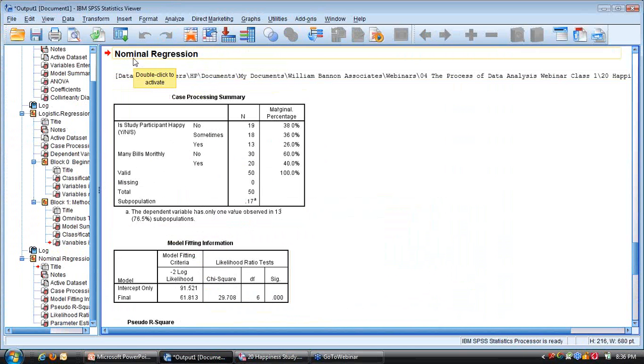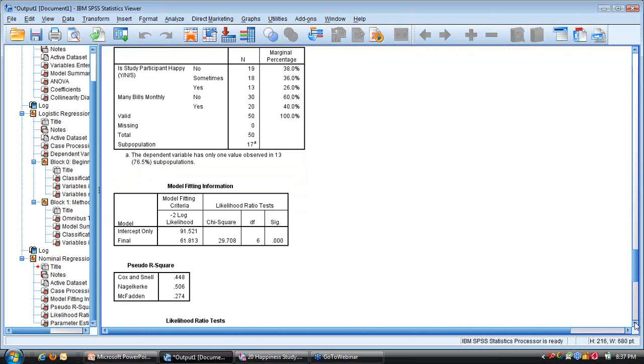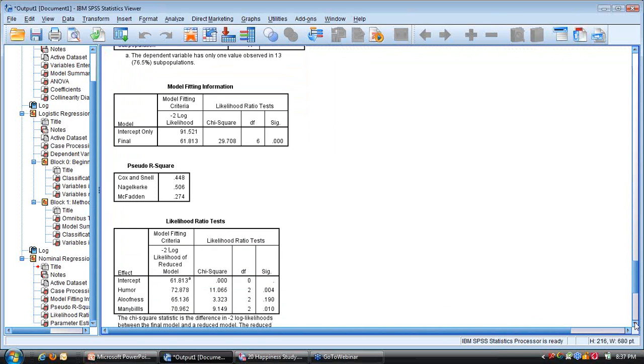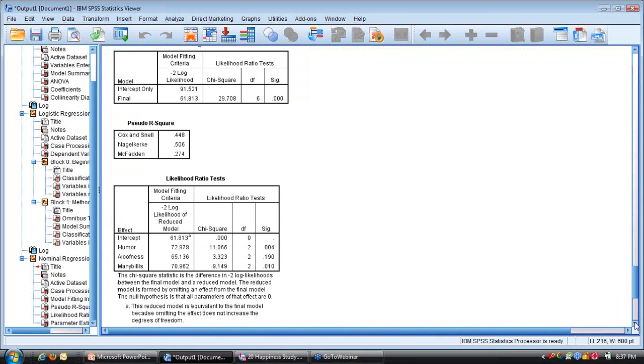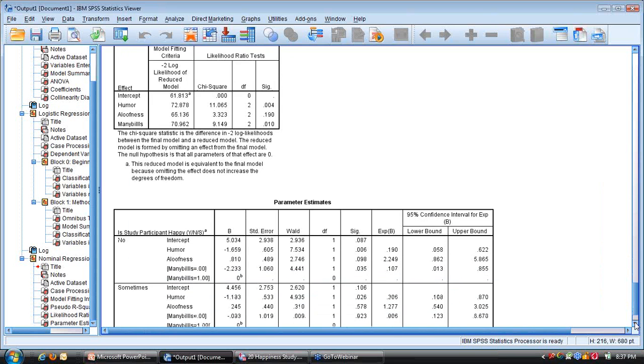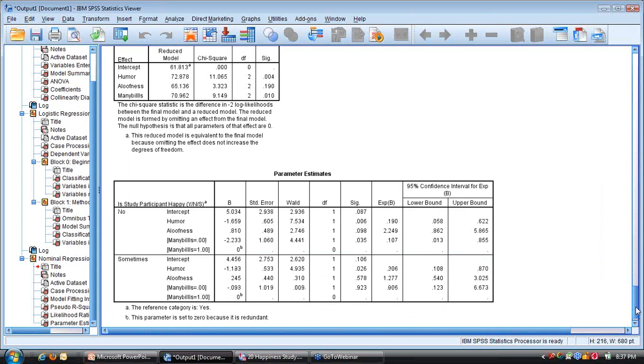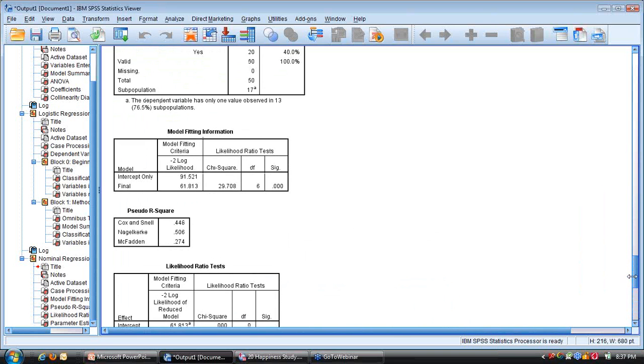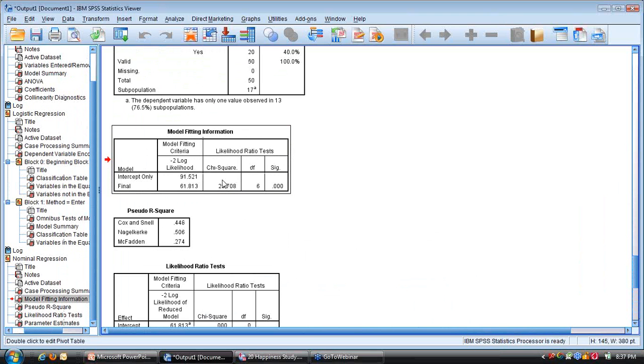So here we go. Nominal regression, if you want to call it that, that's fine. We have our case processing summary. Now we want to see that first box, just like in binary logistic, that tells us if the model is significant. We go down a little bit. There it is, the model fitting information.